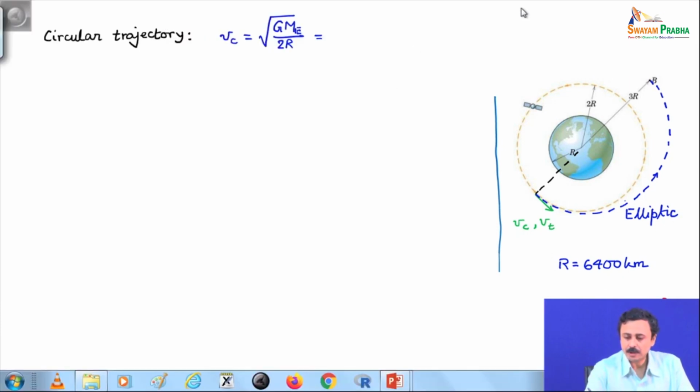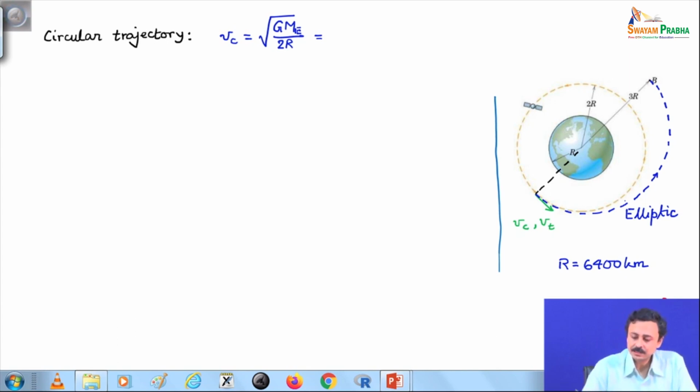So, for the circular path, the orbital speed we have derived is square root of G M, where the central gravitating mass is the earth, therefore we have to consider capital M as the mass of the earth. The orbital speed is square root of G M e by r, the radius of the circular path, which in this case is 2 times the radius of the earth.